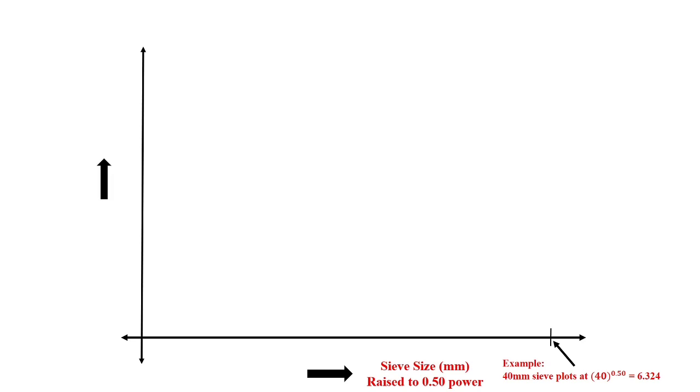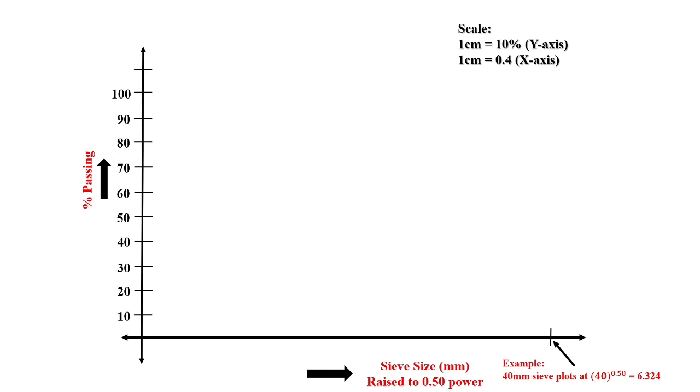Then we'll label the y-axis as percentage passing. For this particular example, the scale is chosen as 1 centimeter equals 10% on the y-axis and 1 centimeter equals 0.4 on the x-axis.